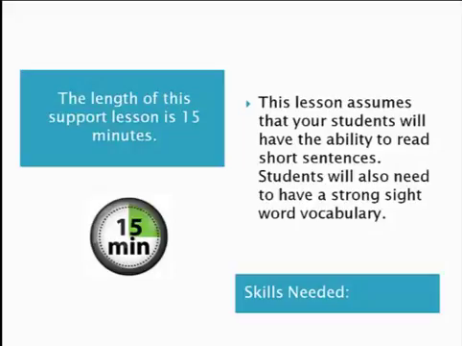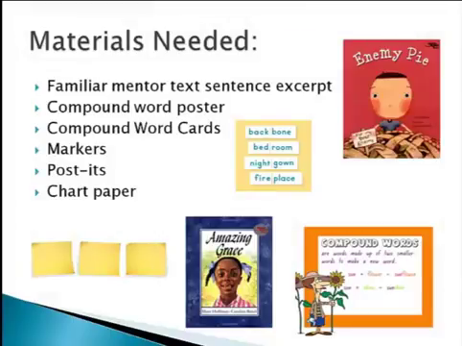The length of this support lesson is 15 minutes and it assumes that your students will have the ability to read short sentences. Students will also need to have a strong sight word vocabulary. Materials needed include familiar mentor text sentence excerpts and a compound word poster. There's a sample shown on this slide, but you can feel free to make any kind of compound word anchor chart that you feel is appropriate for your students.